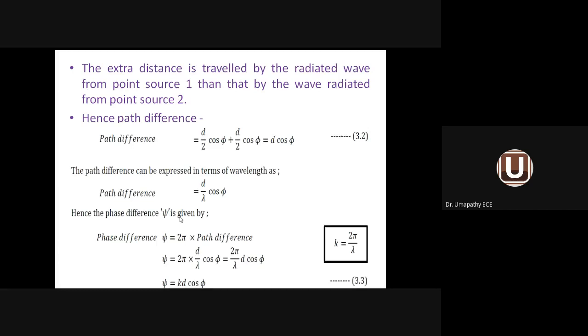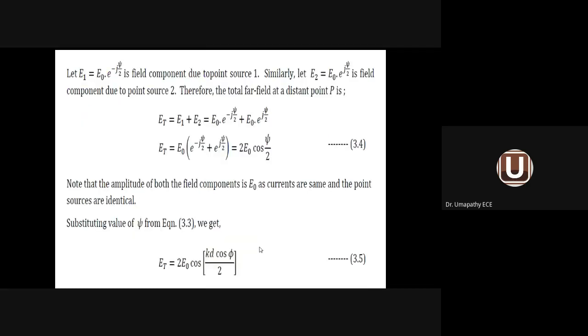The total phase difference between the radiation coming out from antenna 1 and 2 is called psi. Psi is given by 2 pi into the path difference, so 2 pi d by lambda cos phi, which becomes k d cos phi.